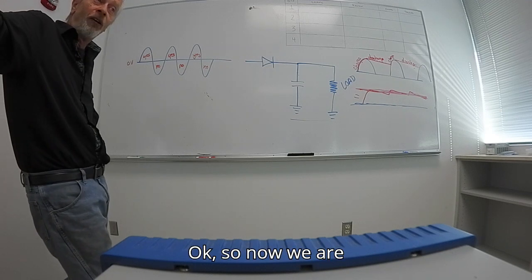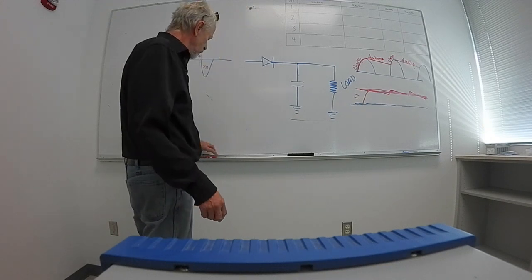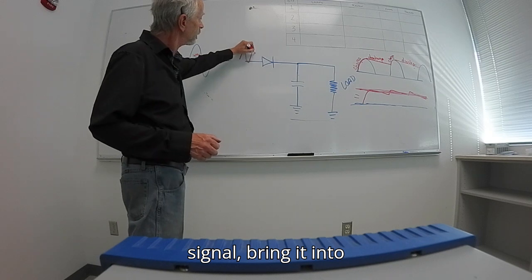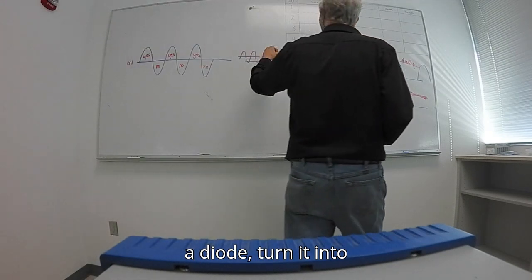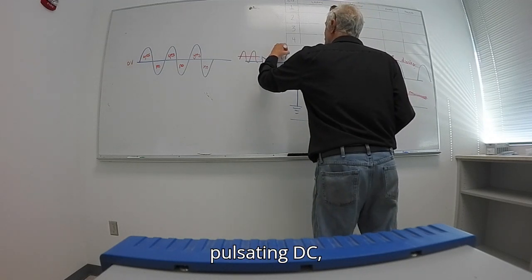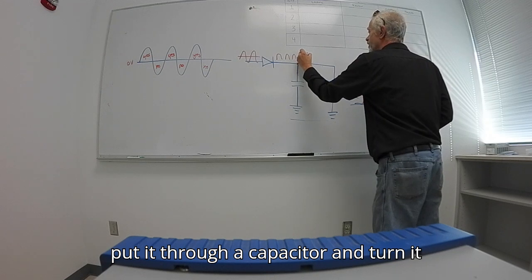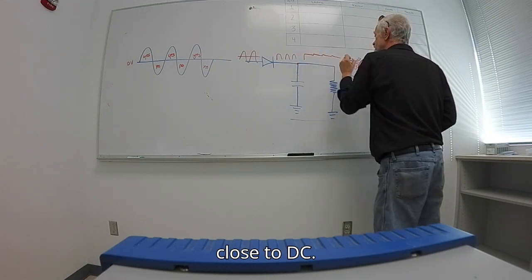Okay, so now we are getting to the point where we can take an AC signal, bring it into a diode, turn it into pulsating DC, put it through a capacitor, and turn it into very close to DC.